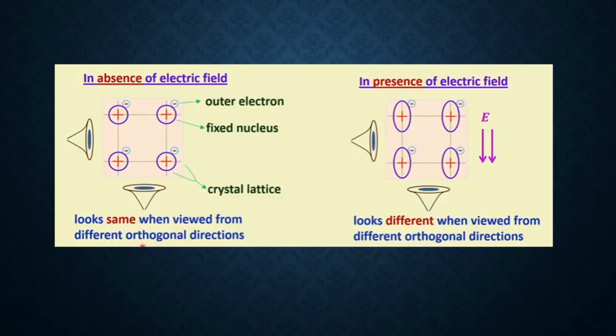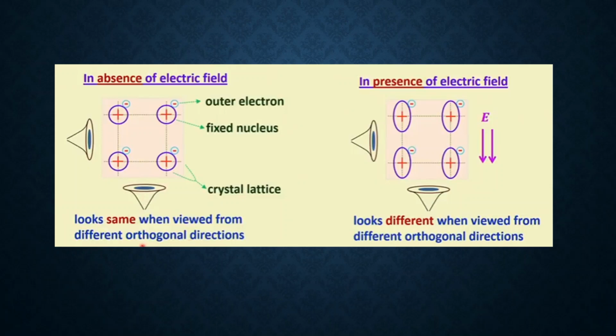In the first picture from the left, we can see that it is identical. Whether we view from the left, the lower part, upper part or right, we will see the same configuration.